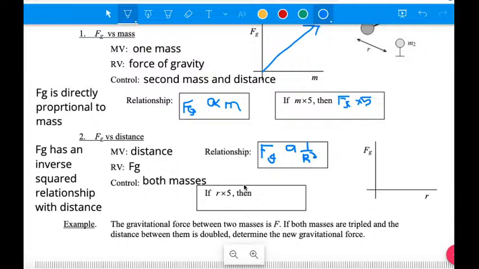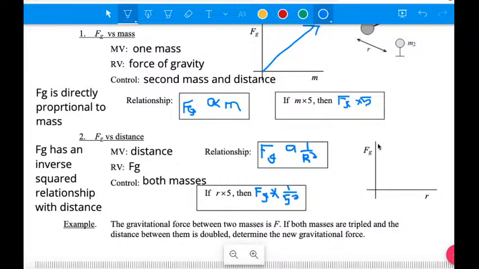So if our radius is multiplied by 5, so this means we're increasing the distance between the objects 5 times, then the force of gravity will be multiplied by 1 over 5 squared, or 1 over 25. So a huge drop in our gravitational force.